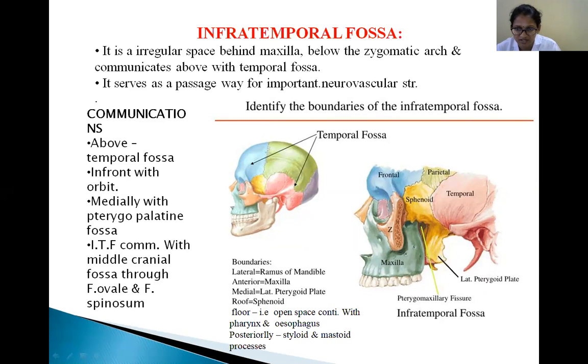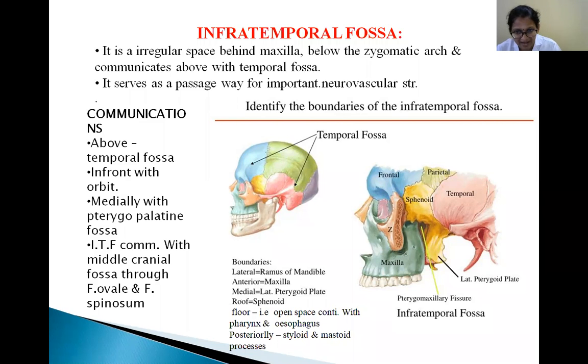And next, communications. It communicates with the orbit, above with the temporal fossa, medially with the middle cranial cavity, and also with the pterygopalatine fossa.